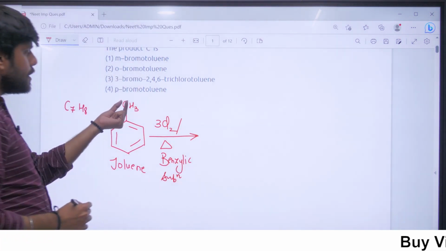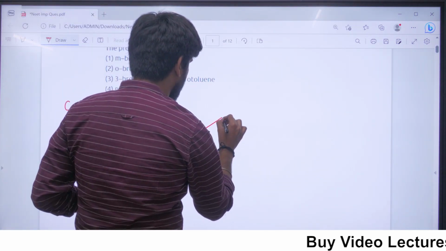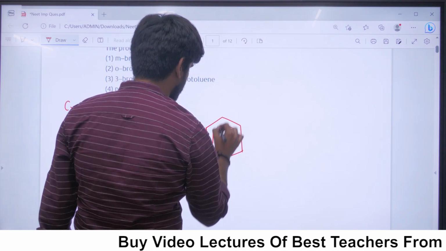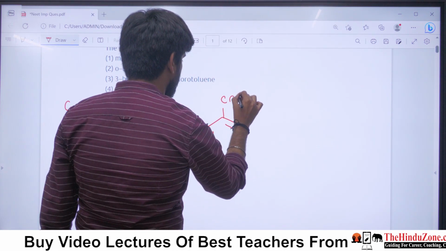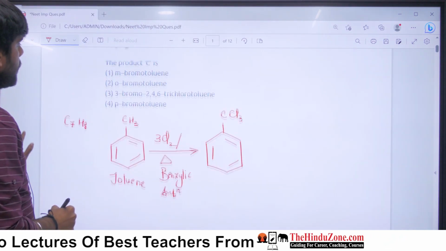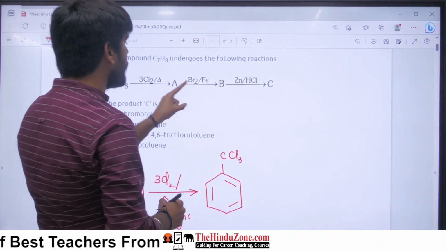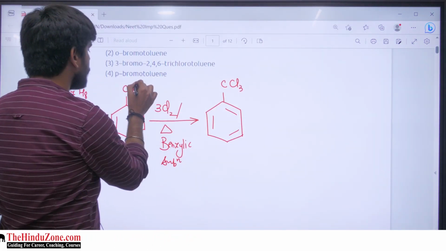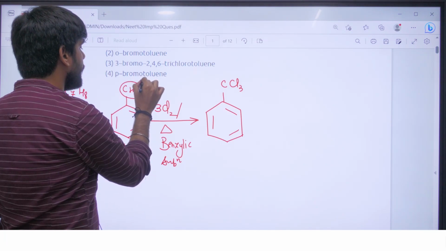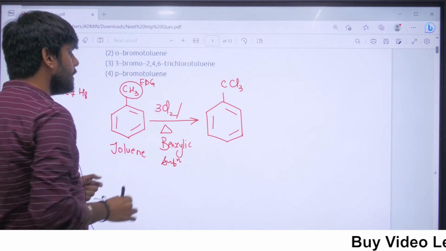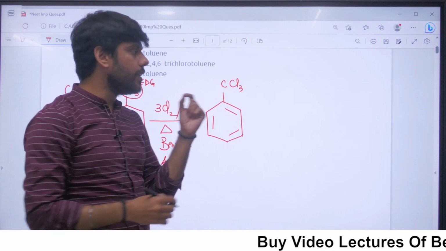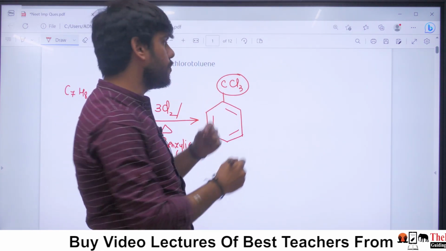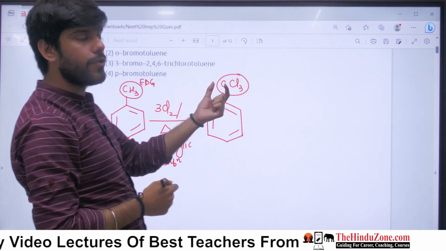So these 3 H will be substituted by chlorine like this, CCl3. Now this will undergo electrophilic substitution reaction, that is bromination. Now please note that CH3 group is your electron donating group, but when the 3 H are substituted by chlorine, this becomes CCl3 group, and this is your deactivating group, electron withdrawing.